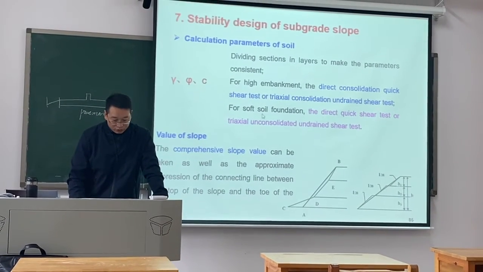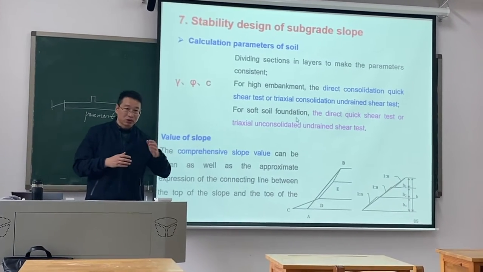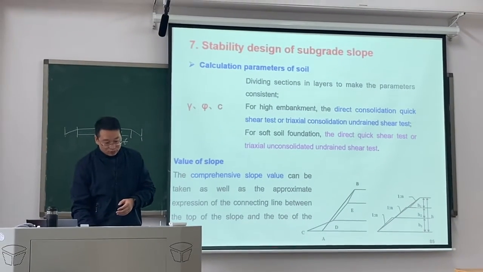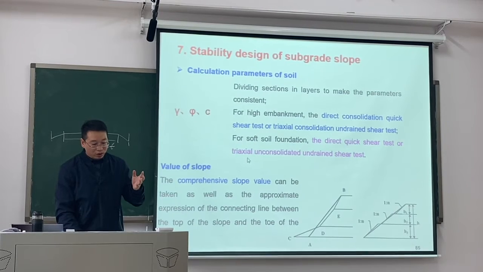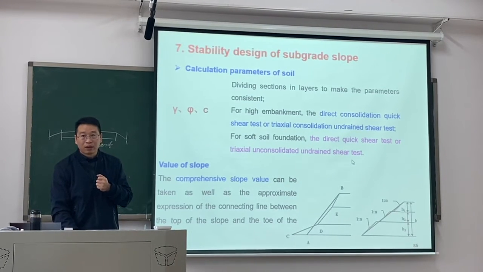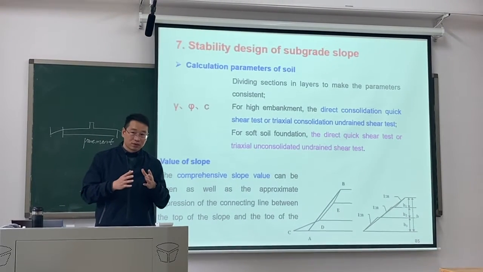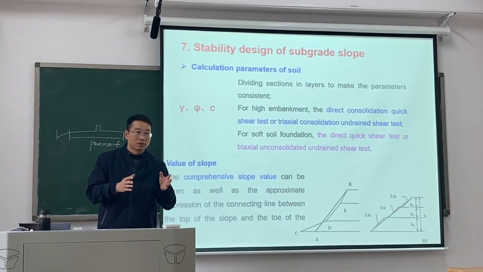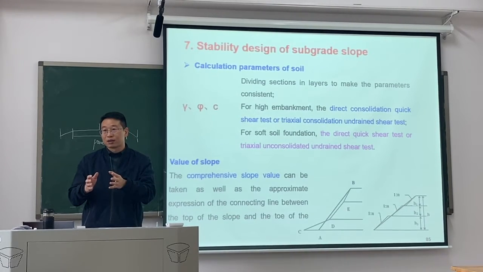But for softer soil foundation, the parameters we should determine according to the direct quick shear test and triaxial unconsolidated undrained shear test. For softer soil, we should use unconsolidated. But for high embankment, we should use consolidated soil.